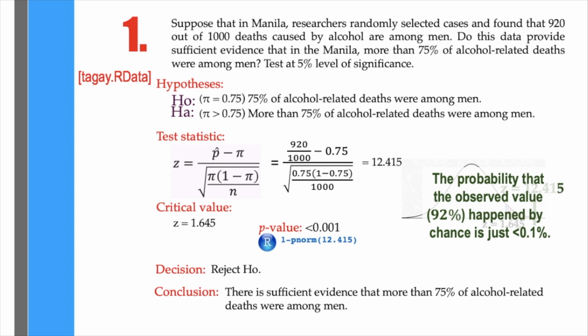Which indicates that the probability that the observed value, in this case 92%, computed from 920 divided by 1,000, happened by chance is just less than 0.1%. Or in other words, less than 0.001, which compared to 0.05 is relatively very small. Thus, there is no reason to doubt the alternative hypothesis. Thus, our claim is in favor of the alternative hypothesis.